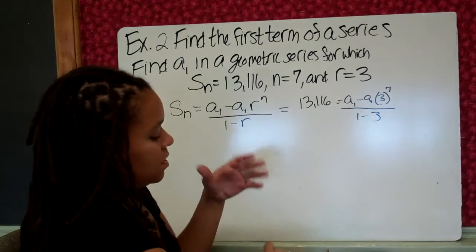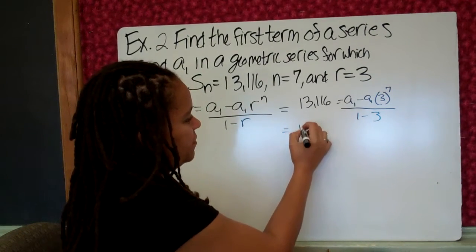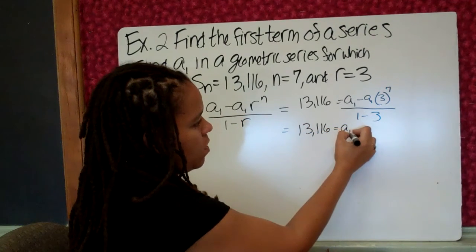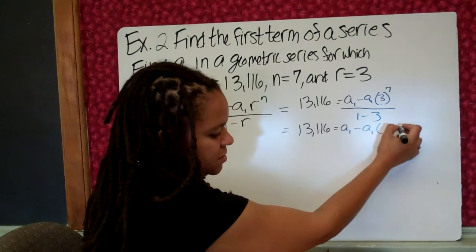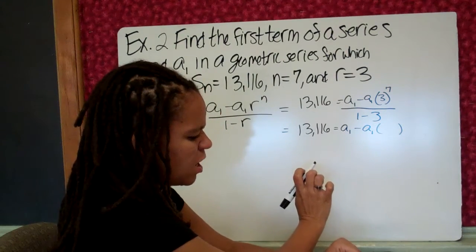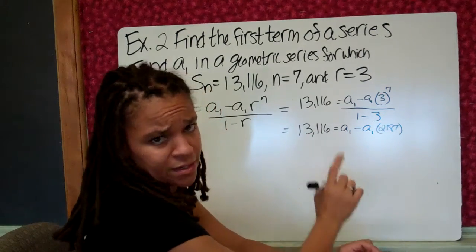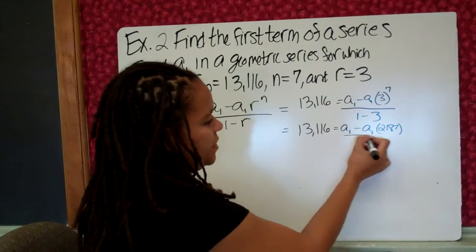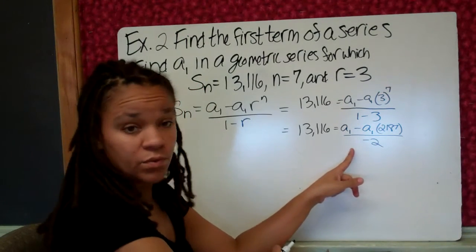Okay, so if we simplify this, we have 13,116 is equal to A1 minus A1 times 2187. I did not do that in my head. Use your calculator. All over negative 2. So now let's get rid of that negative 2.